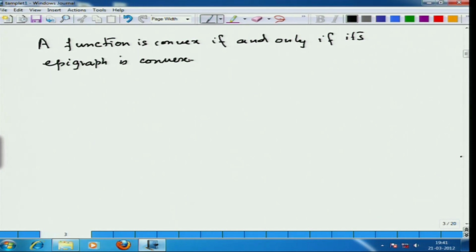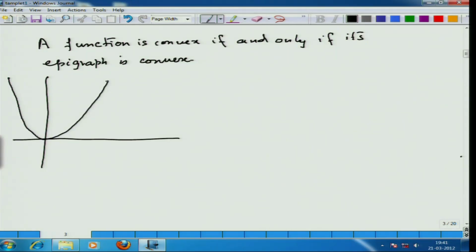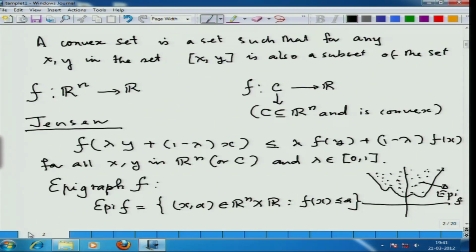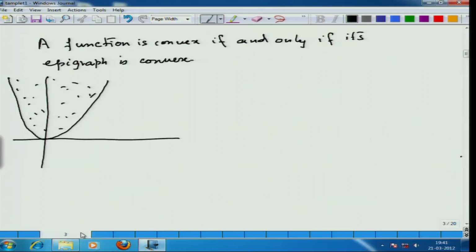Now, proving this is a simple fact, because you look at this function whose epigraph is convex, then you can prove that this satisfies the definition that we had given on this page. So, going ahead, let me try to prove that if f is convex, then the epigraph of f is convex.